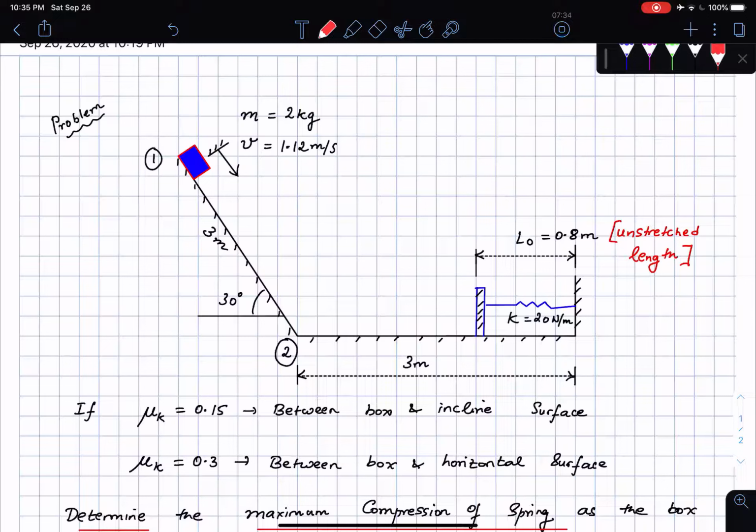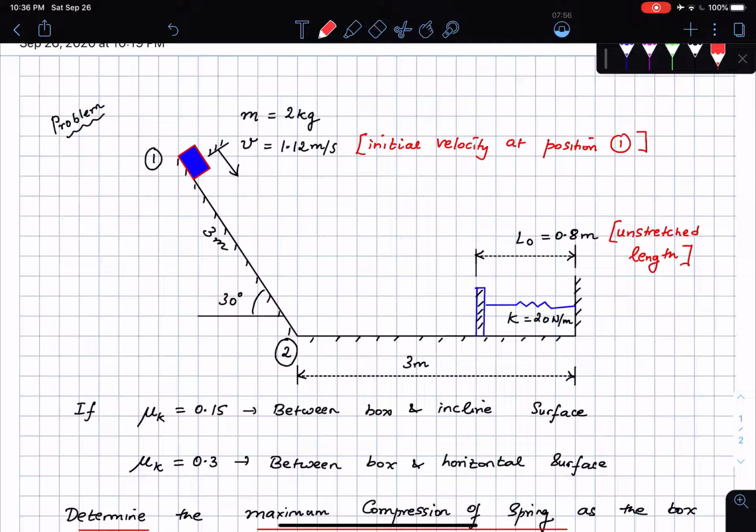And we know the mass of the box. This is the initial velocity at position 1.